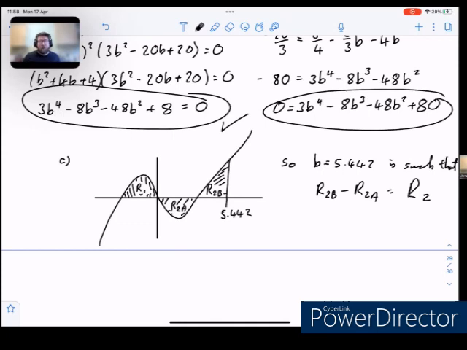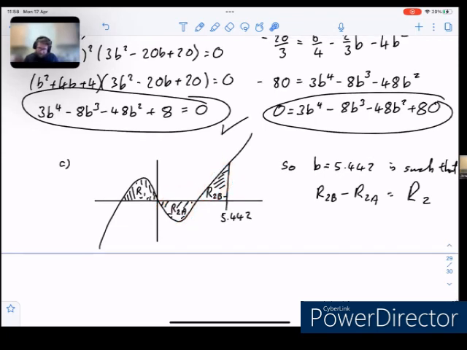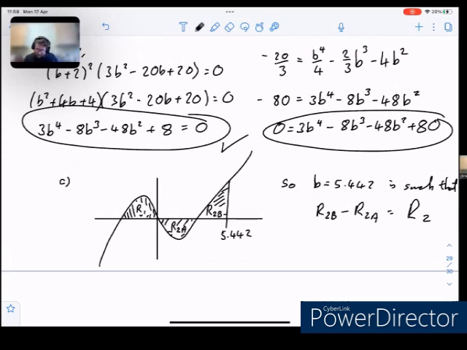So when you integrate between that upper limit 5.442 and 0, you end up with the same answer, but you don't get it in the same way. You get the same answer because this positive area is cancelled out by that. Yeah, it'll equal minus R2 as well because we want it to be a negative area.